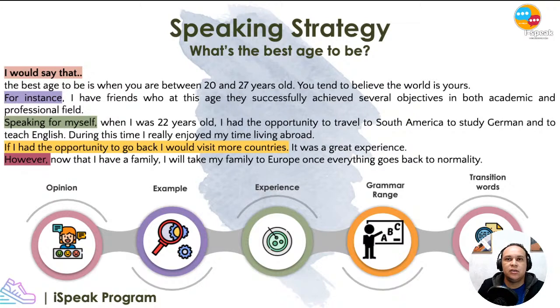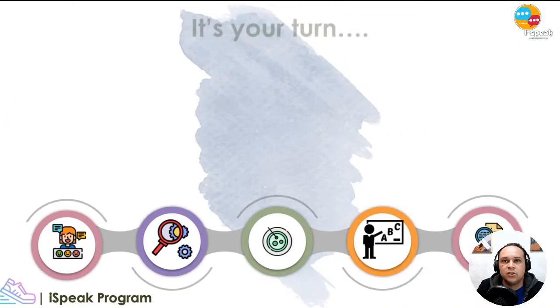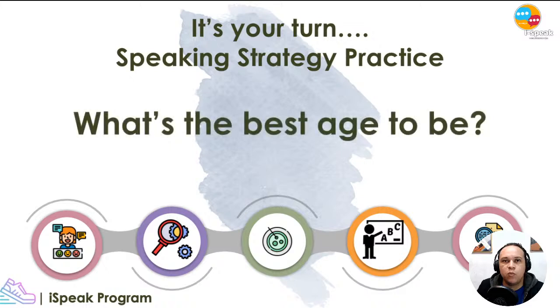By using your opinion, by using some examples, experiences, grammar range, and transition words. Alrighty? So, what's the best age to be? What you're going to be doing is using the pre-sentences that we already have in this presentation.